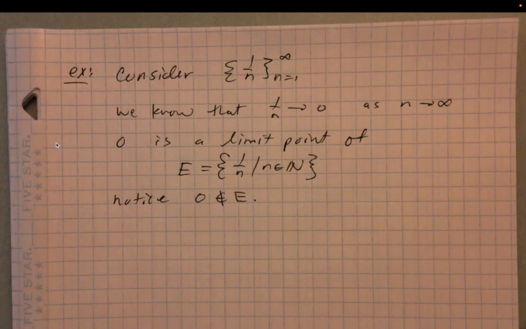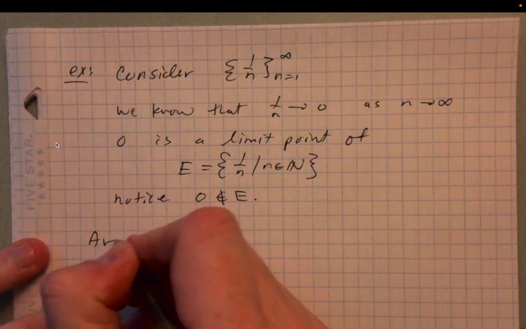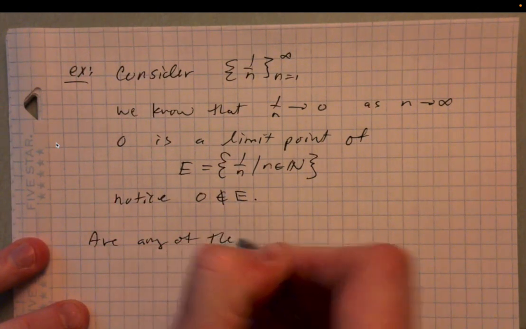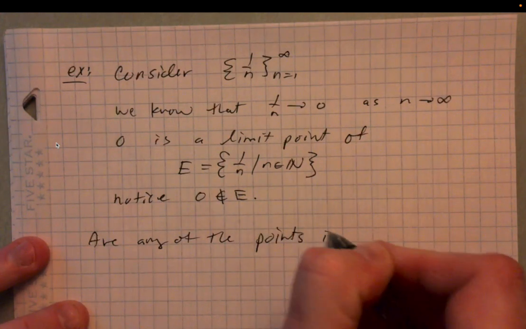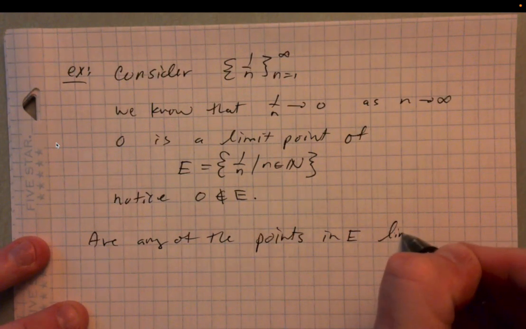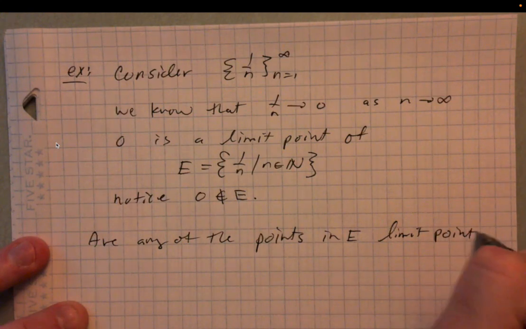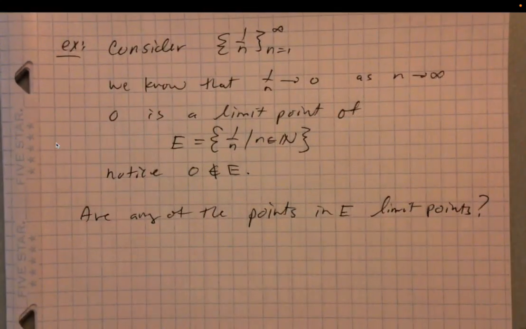Are any of them limit points? Well, it turns out that the answer is no. None of the other points in E are limit points. There's just the one. So 0 is a limit point of E, but it's not in E.